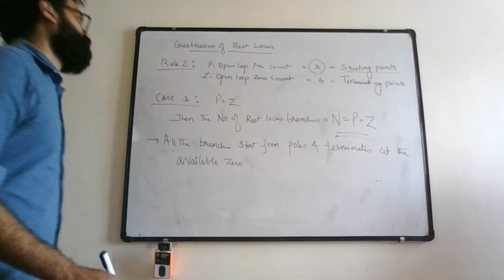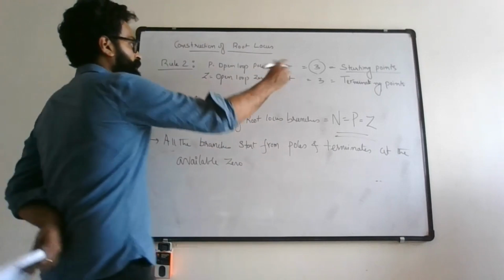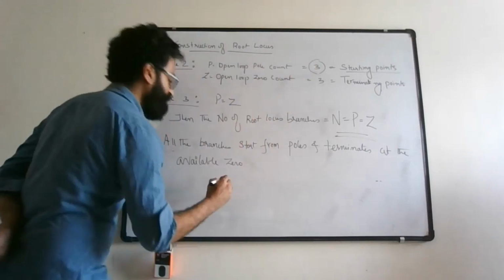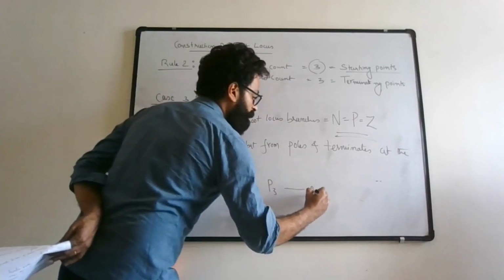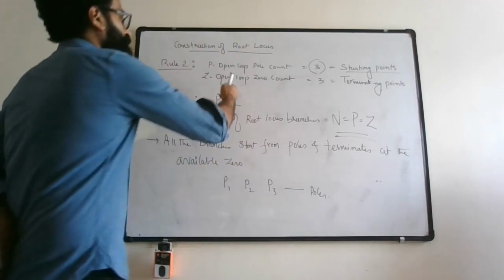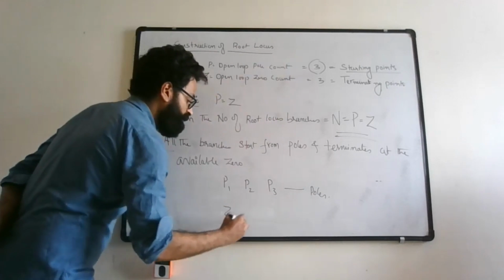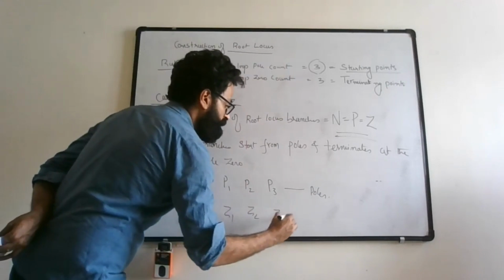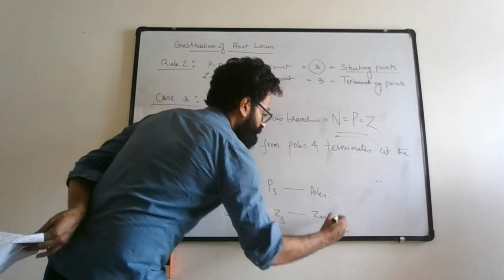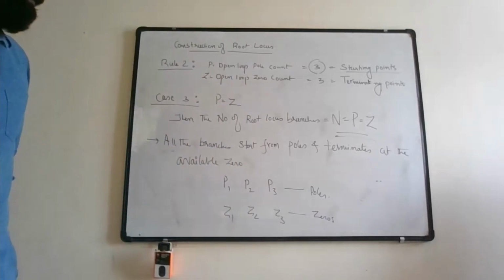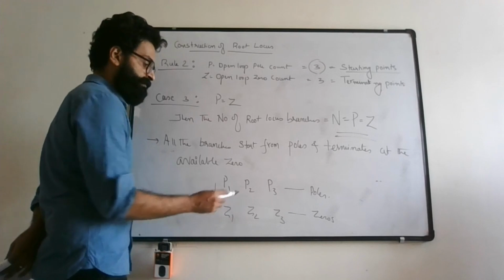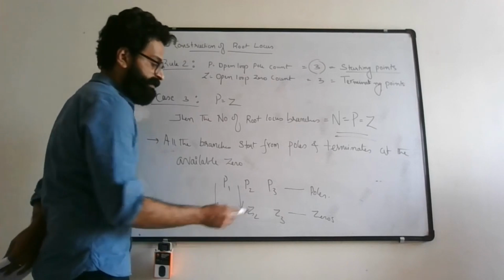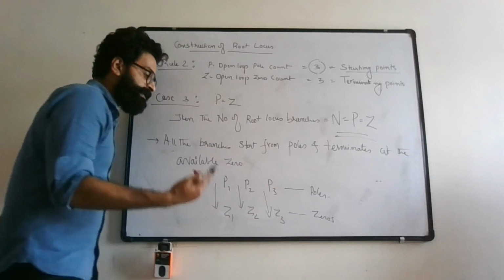Let's say you have 3 poles, P1, P2, P3, and 3 zeros, Z1, Z2, Z3. Since you have equal count, pole P1 may terminate at Z1, P2 will terminate at Z2, and P3 terminates at Z3.